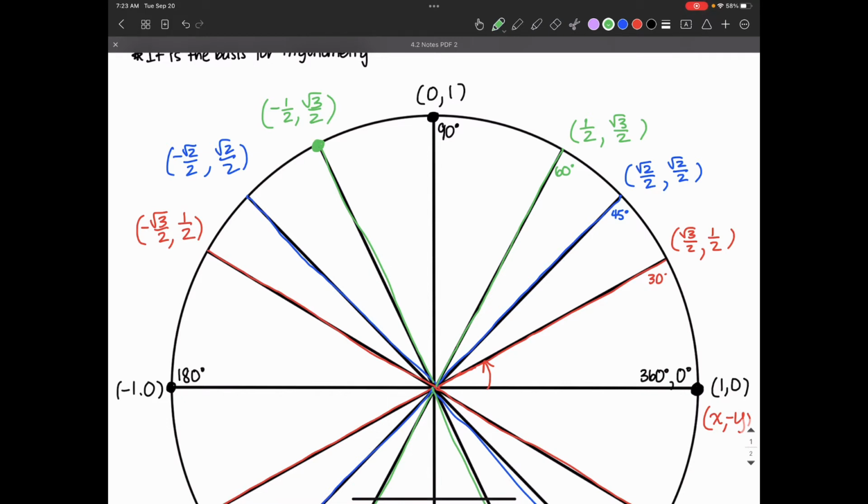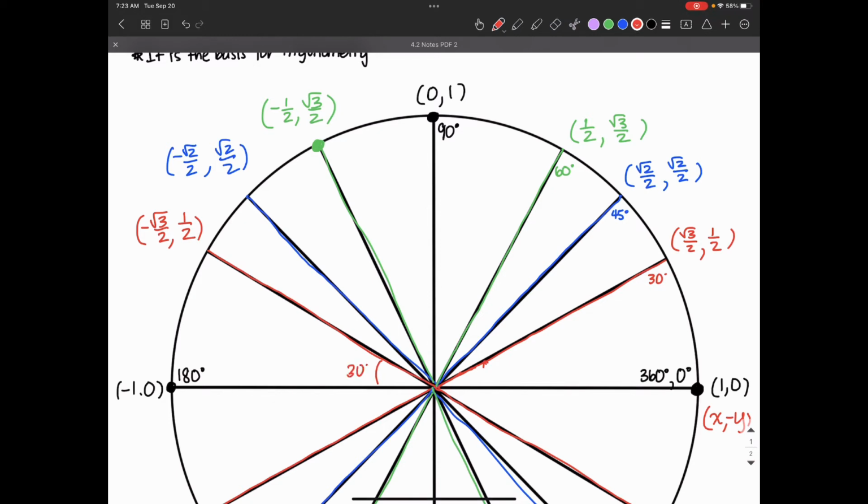Now I want to talk about the angles. So the angles that I have are in the first quadrant. I already drew them. I know that in order to find what this angle would be, but in the positive direction, I would subtract 30 degrees from 180 because this is 30 degrees.